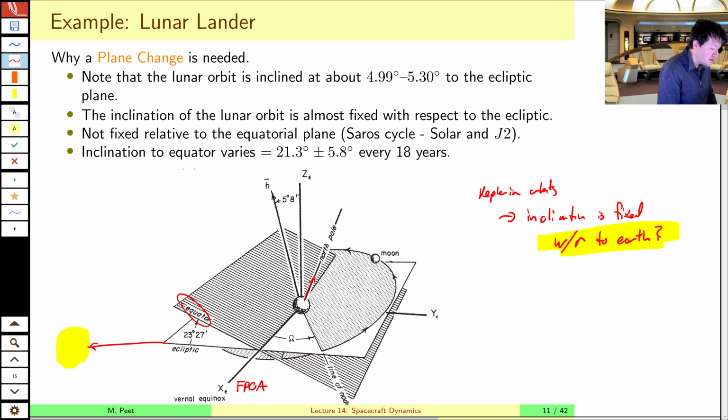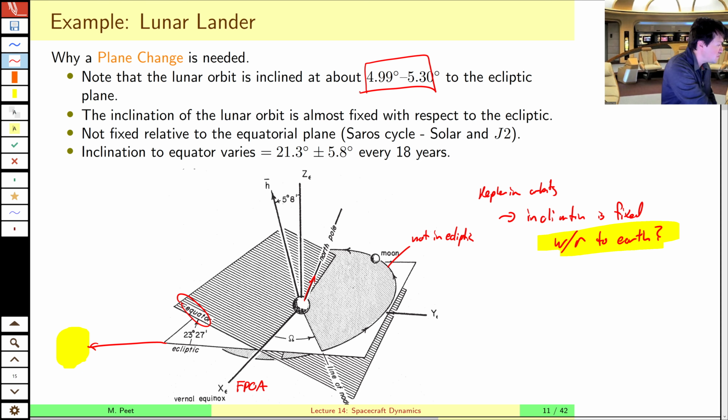So the lunar orbit is not in the ecliptic, but for some strange reason, it's fixed with respect to the ecliptic. It rotates a little bit, precesses a little bit. It's fixed with respect to the ecliptic and not with respect to the equatorial plane.